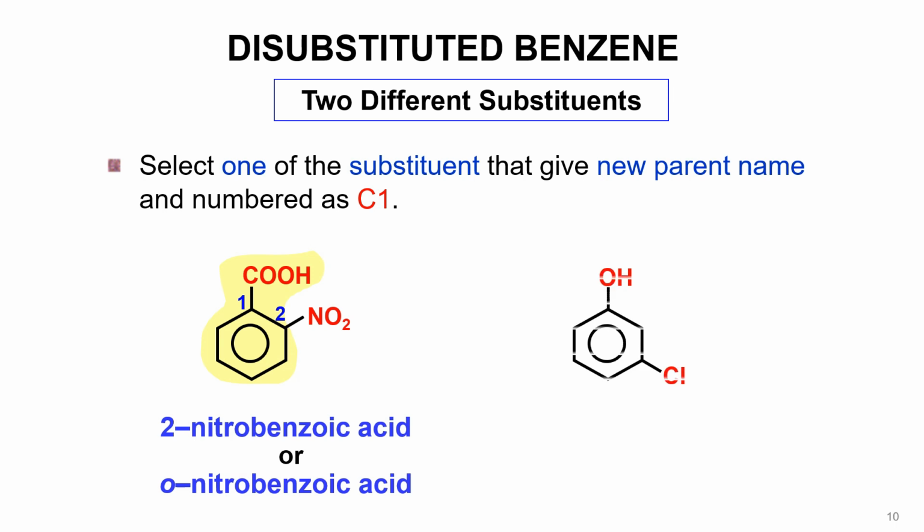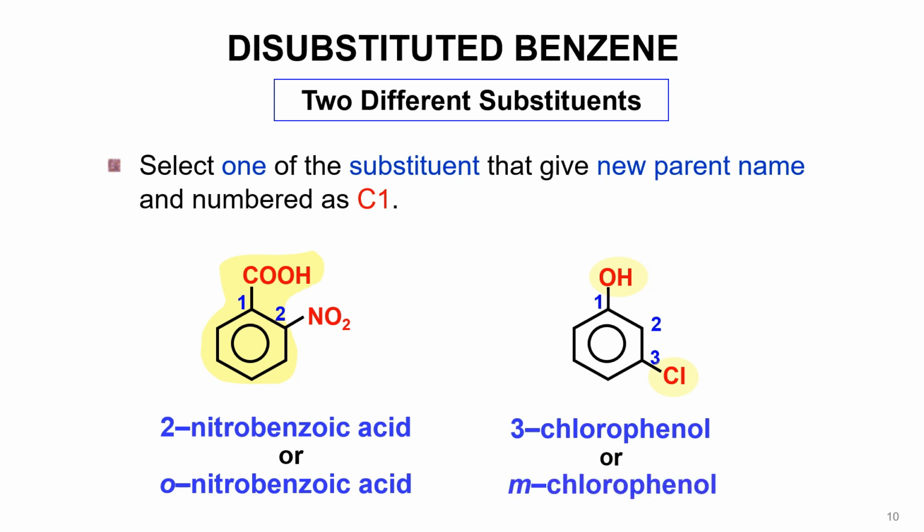Another example: alcohol is given priority to be the parent name and labeled as carbon 1. Chlorine has the lowest number of the substituents, at carbon 3. The IUPAC name is 3-chlorophenol or meta-chlorophenol.